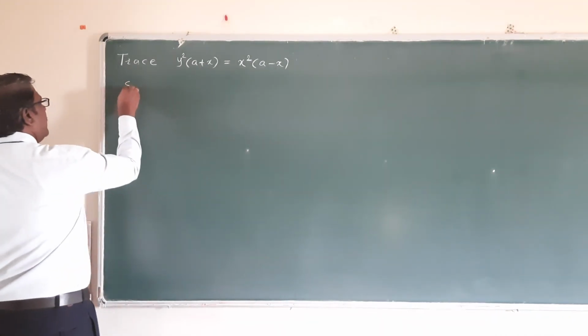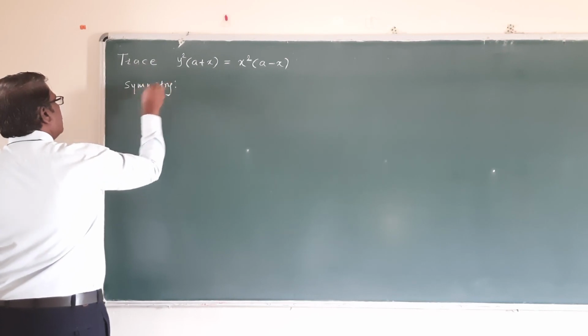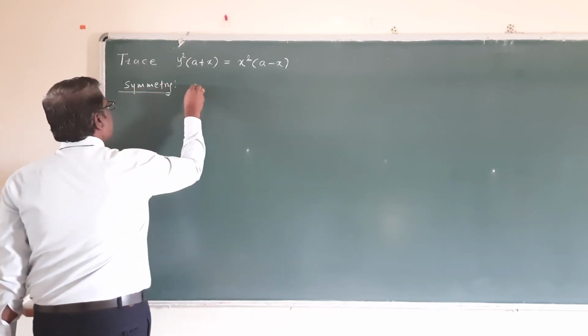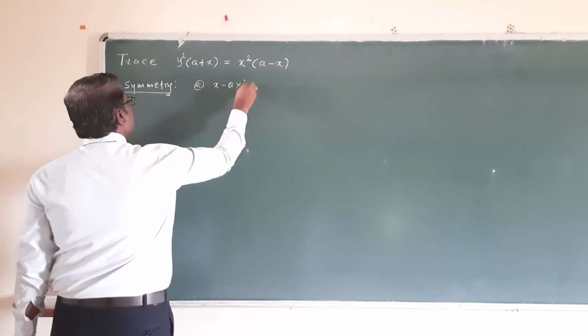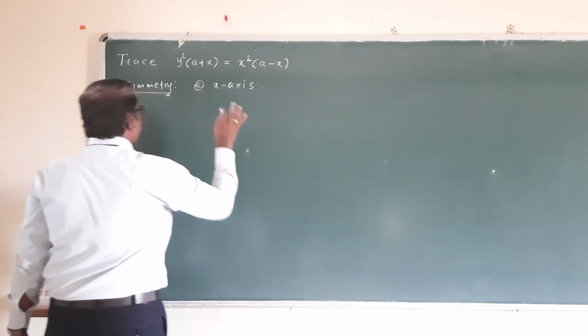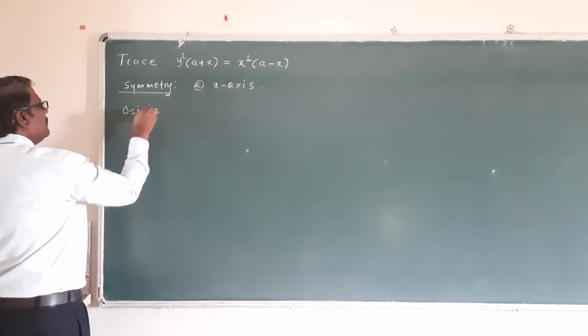So the first point, symmetry. Given curve is symmetric about x-axis. Now the second point, it is origin.